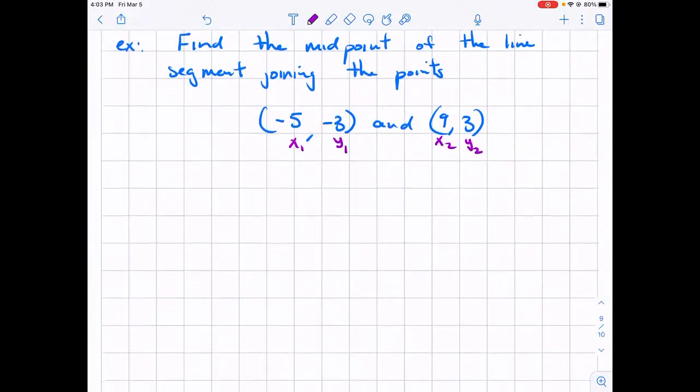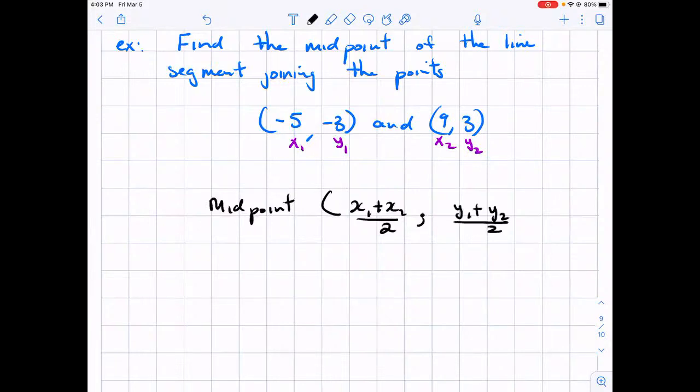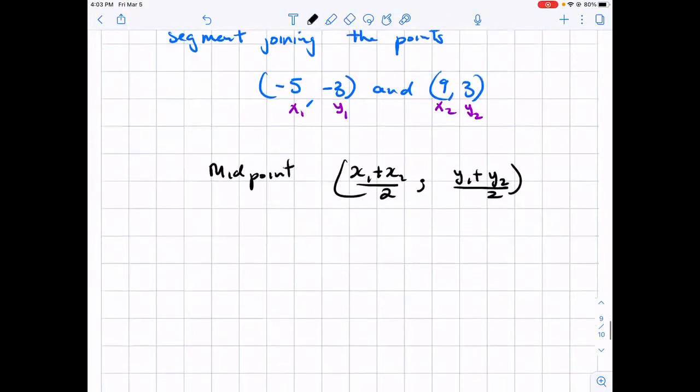Then we have the midpoint, which is x1 plus x2 divided by 2, comma, y1 plus y2 divided by 2. It's really the average of those numbers.